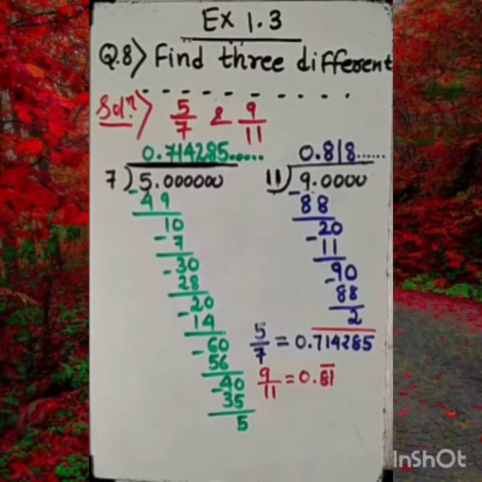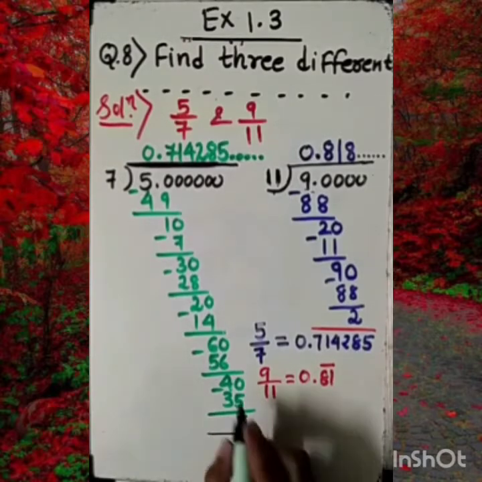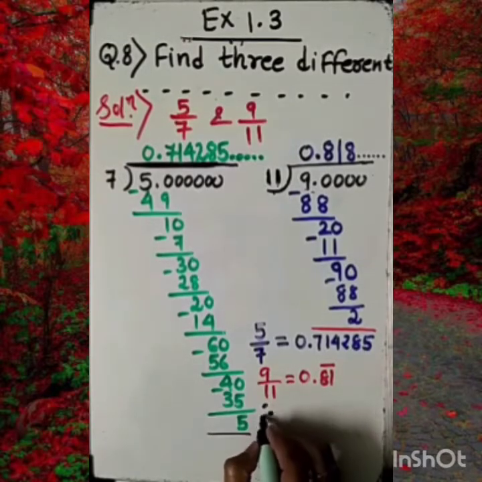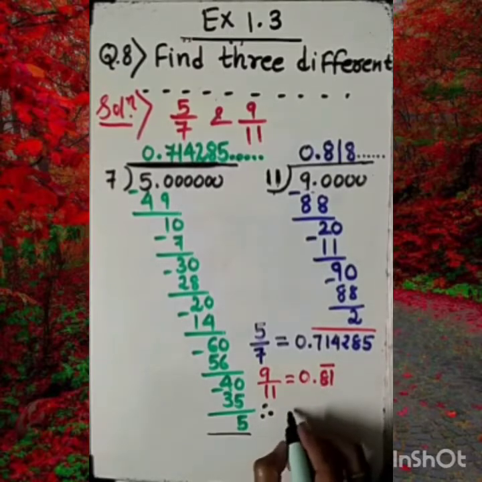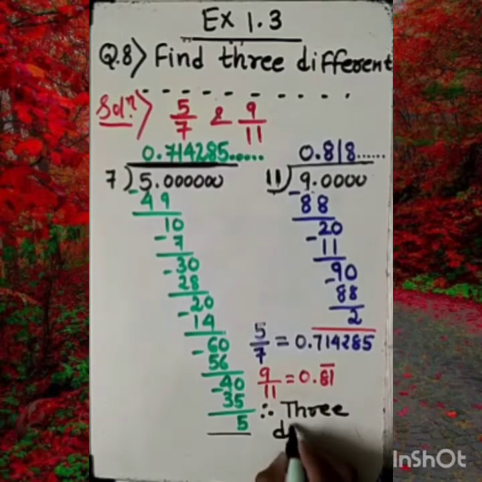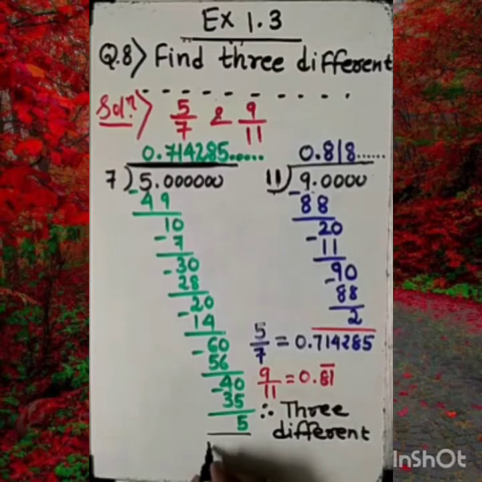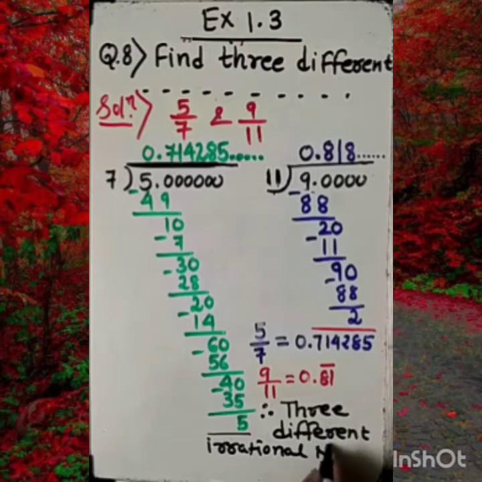Now what is the question? The real question they are asking is to write three different irrational numbers. Let me note it down here. Therefore, three different irrational numbers between which two numbers?